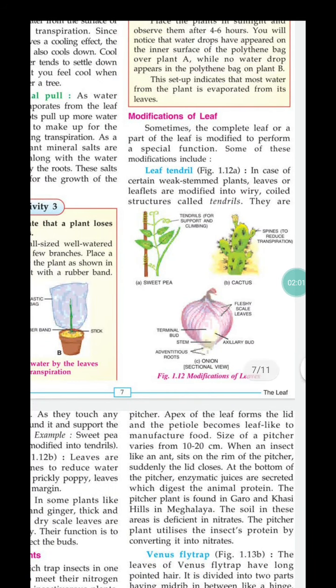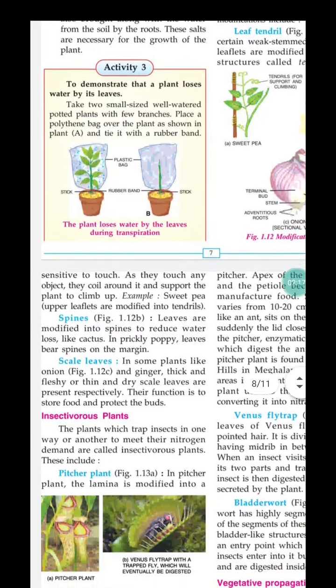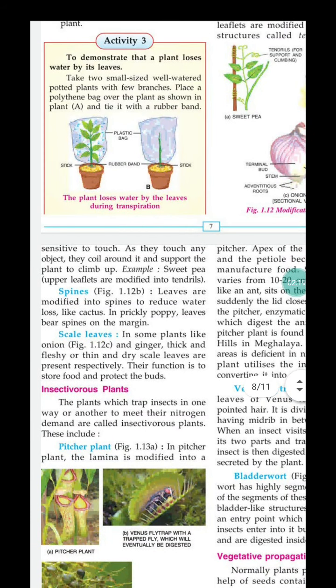So in modifications of leaves, we are going to learn about different changes in leaves, and these changes are of 4 types. First one is leaf tendril, second one is spines, third one is scale leaves, and 4th one is insectivorous plant.